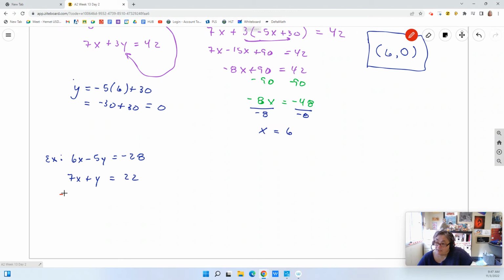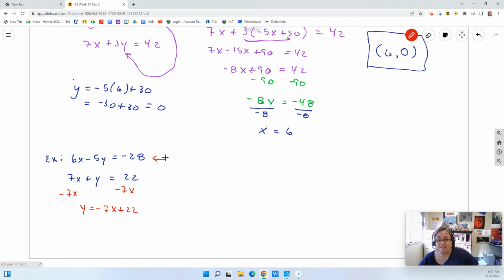So I'm going to start by subtracting 7x from both sides so that I get y equals minus 7x plus 22, right? So now I can take this and I can plug it in for y on this equation. I cannot do it into the same equation I used to isolate.